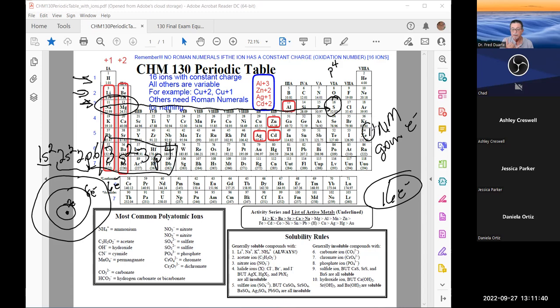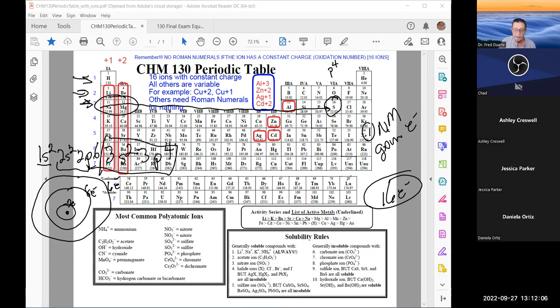It can do that very readily because there are 2 empty spots in the p orbital, because the p can handle a maximum of 6. So it will readily pick up 2 electrons and stick them right there in the p orbital, which in effect makes sulfur become sulfide.